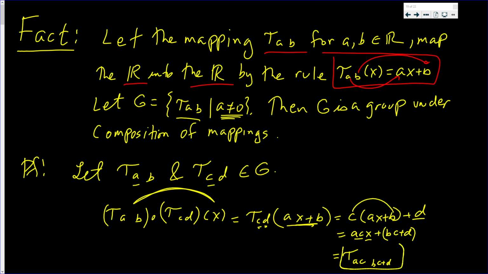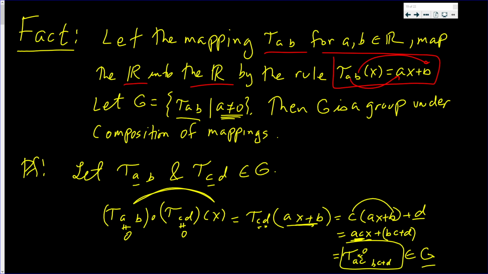It equals that, and that's in G. But let's be careful. This cannot be 0. ac cannot be 0. Well, sure, a is not 0, that's how it got to be in G. c is not 0. So note that ac is not 0. So yes, it is in G.